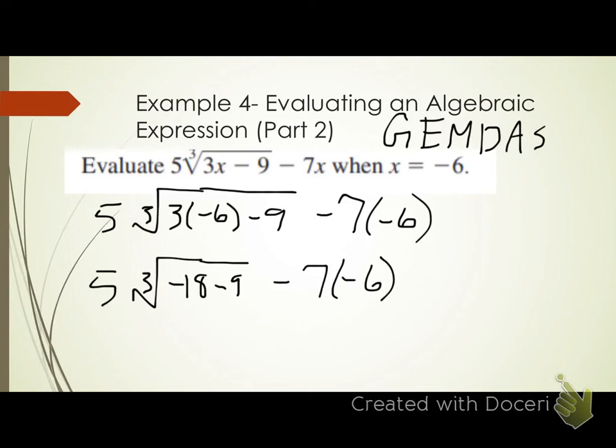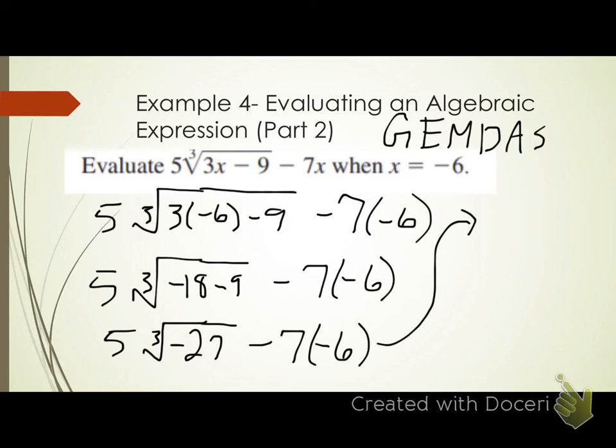Got more operations. What's -18 minus 9? -27. And while we're at it, let's go ahead and simplify our cube root. What number times itself again gives me negative 27? Negative 3.